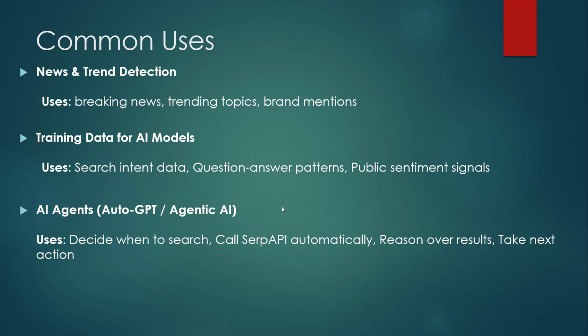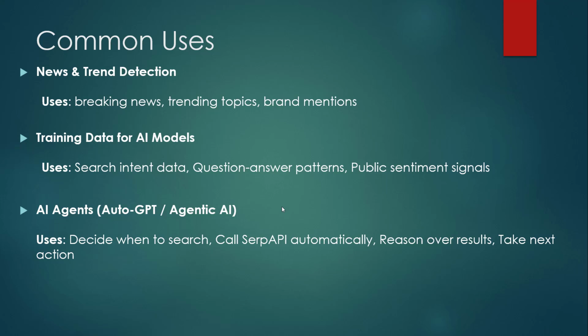According to those areas, it will scrape the breaking news, trending topics, and brand mentions in that search query. Then we can use all those data for our own website or our own project.